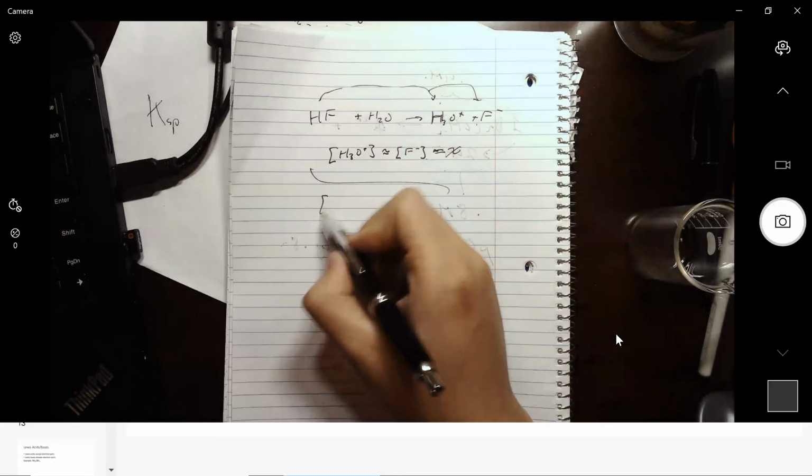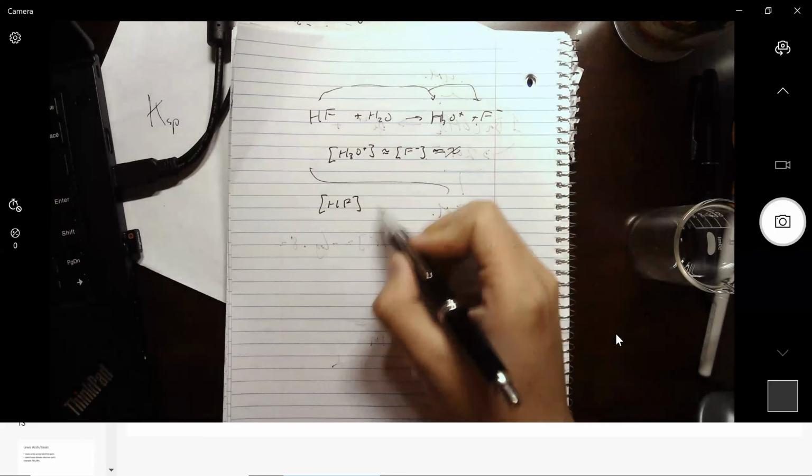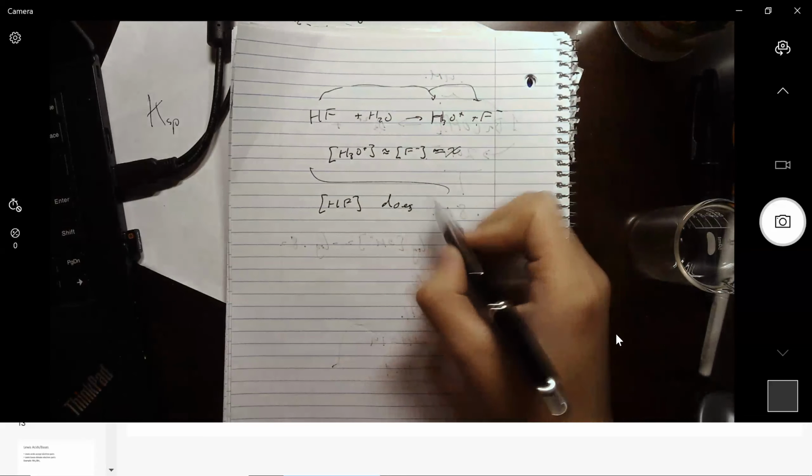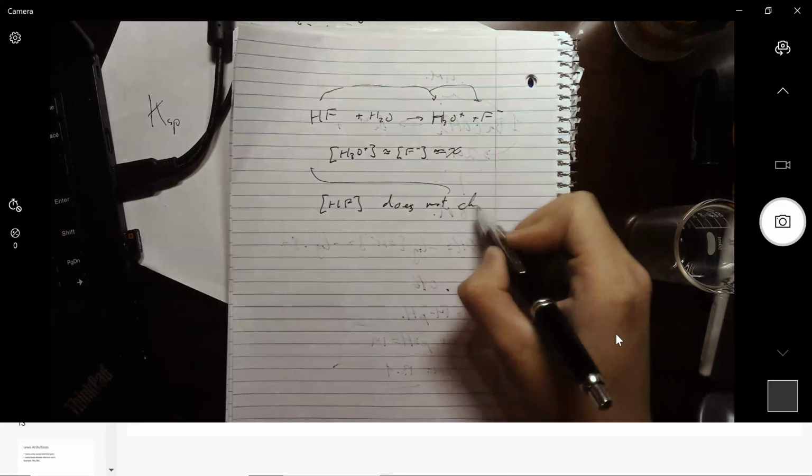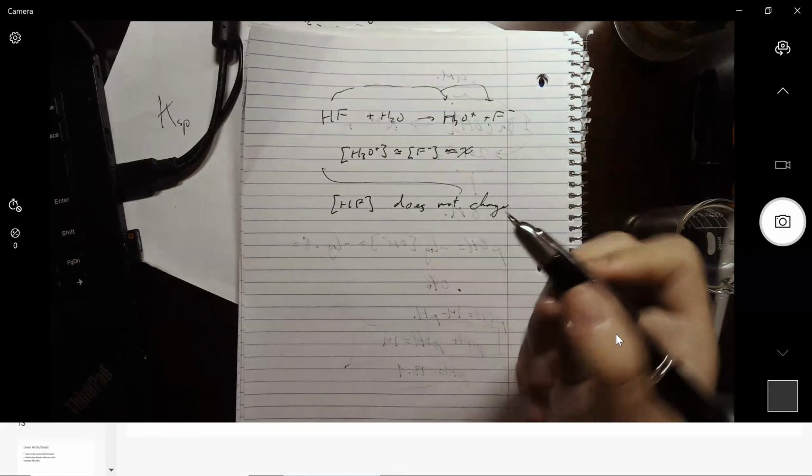Furthermore, we can say that HF does not change because K is very small.